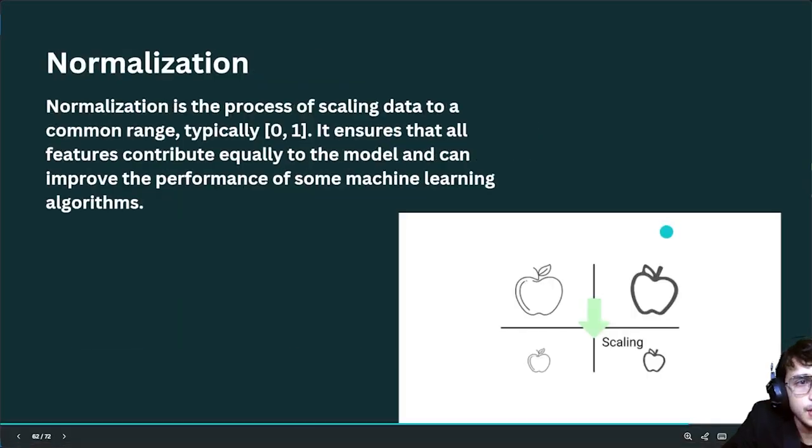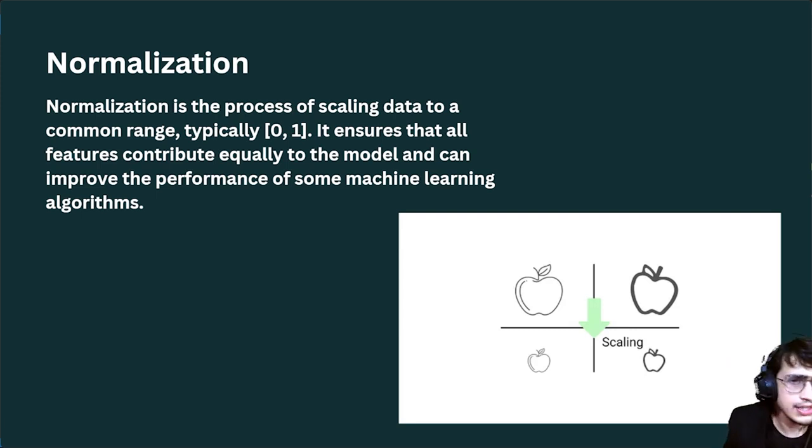Let's jump to our second thing, normalization. So what is normalization? Normalization is the process of scaling data to a common range. For example, say my age is 56 and I drive 1000 kilometers.